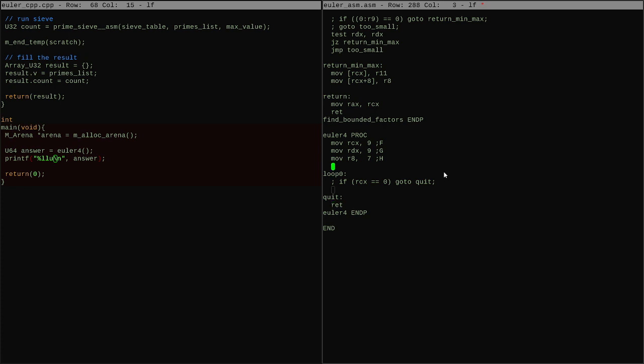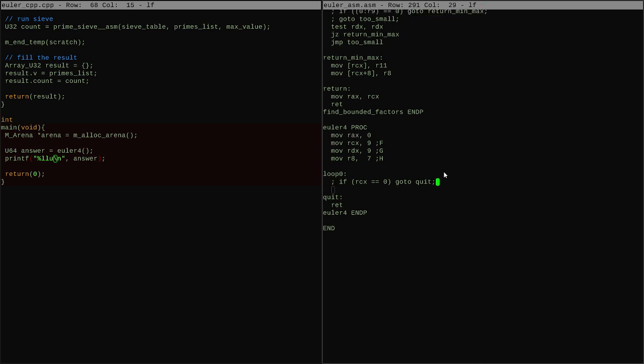I'm going to put 0 into RAX preemptively, and then here we just do test RCX, and then if that's 0, we go to quit. Okay, now later we're going to want to do decrement counters.